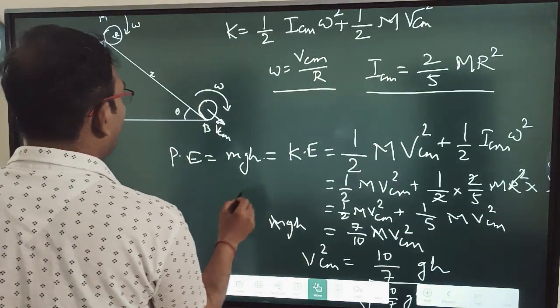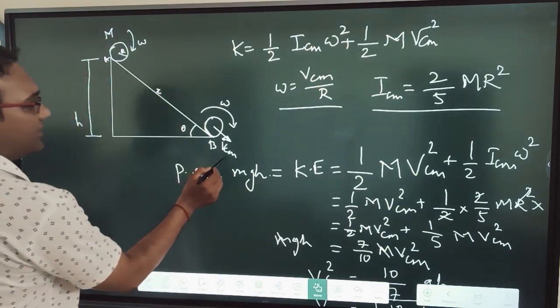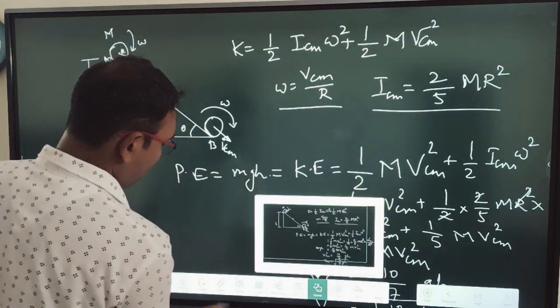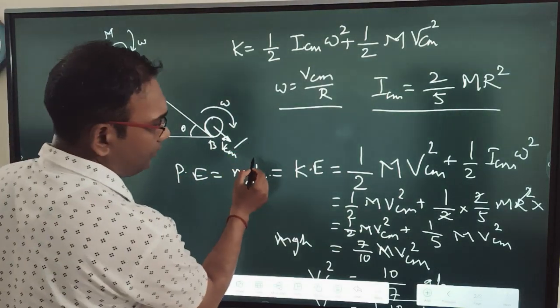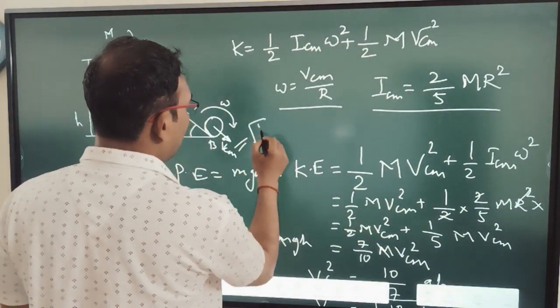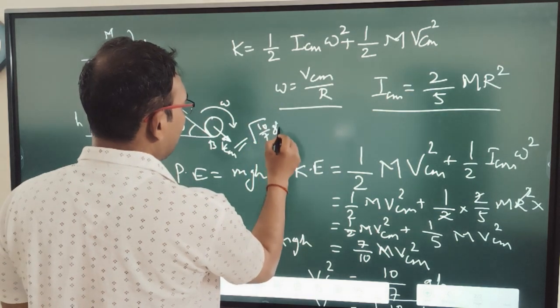So when it reaches here, this VCM is equal to root under 10 by 7 gh.